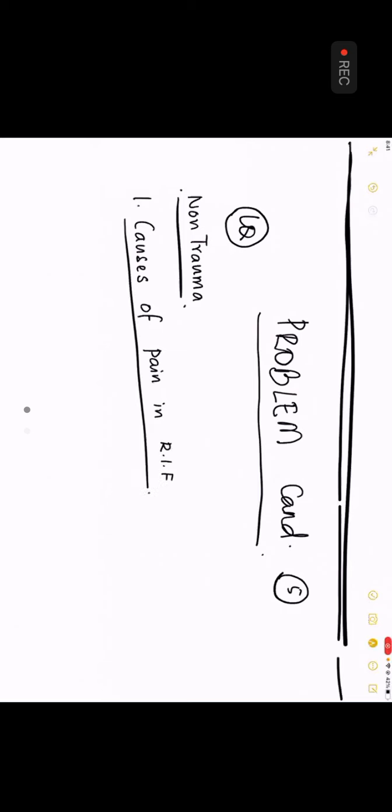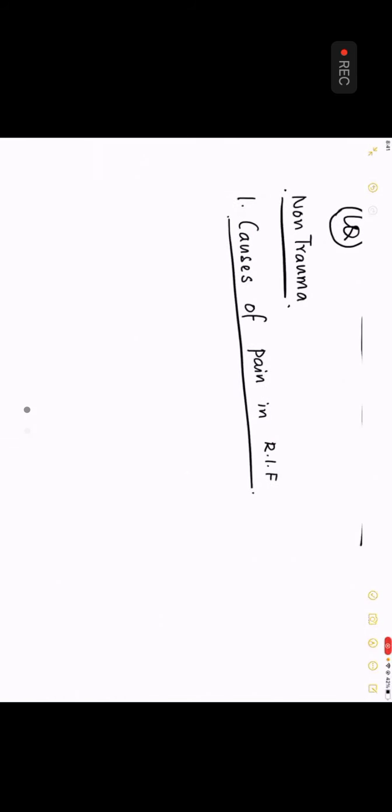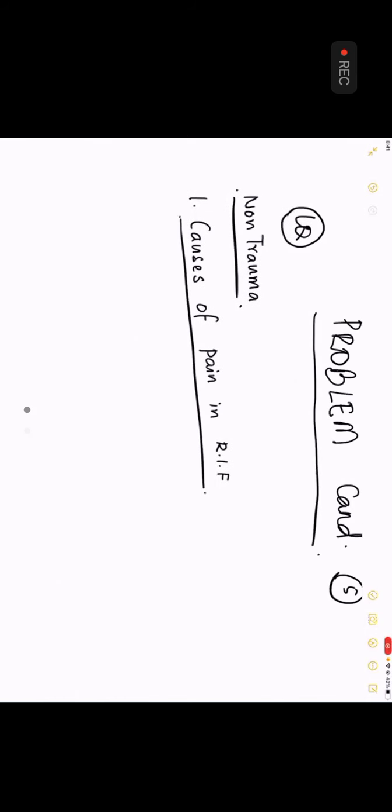You may be given a clinical question, like a 20-year-old lady came with a pain in the right lower abdomen. What are the causes and what are the differential diagnoses? Remember, the answer that the examiner wants to hear depends on whether it is a male or a female.